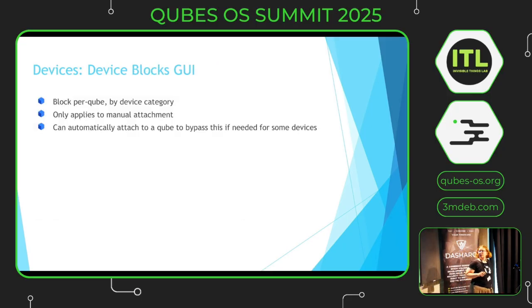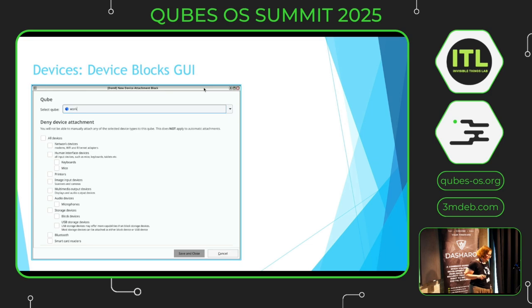And as we mentioned, you can also block device attachments. It only applies to manual attaching, so it's supposed to help you not make mistakes, which has been a big thing in the GUIs I'm trying to improve for Qubes. You get a list of various device categories. The list that we get is based on painful looking through USB protocol specifications and hoping we get sensible categories.